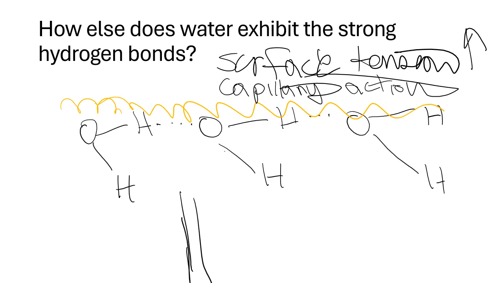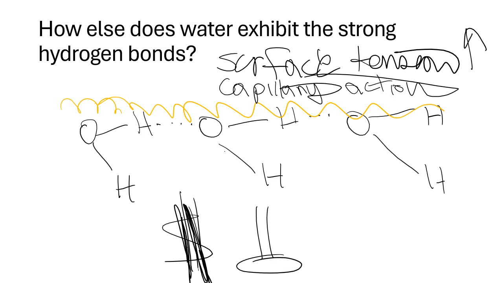Meaning, if you have a thin tube, and I showed this in class, and you put it in water, water will crawl up that thin tube, in a sense, going against gravity.